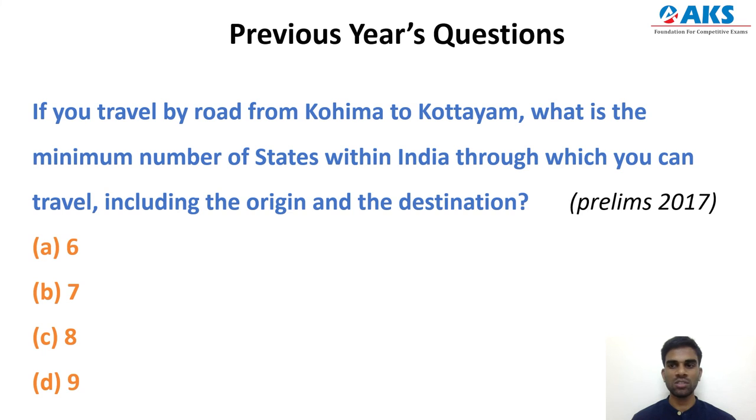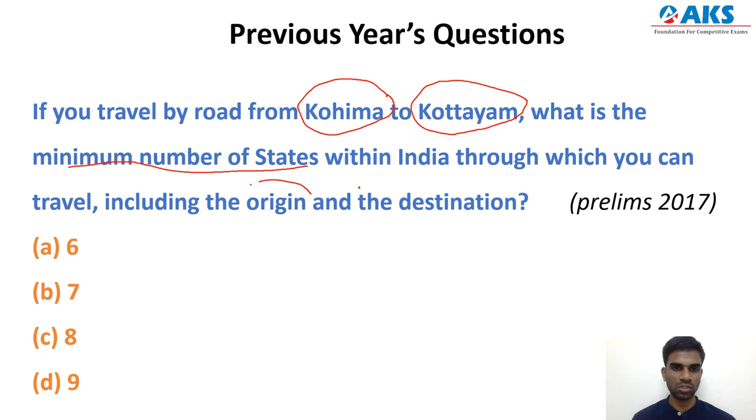Now this is a question asked in 2017, an interesting question. It says if you travel by road from Kohima to Kottayam, what is the minimum number of states within India through which you can travel, including the place of origin and destination?